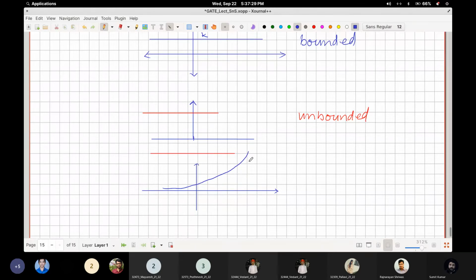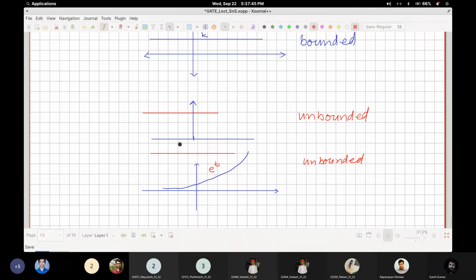So this is going to reach infinity, so this is again going to be unbounded. Is that clear? E to the power t is an unbounded signal. So बाउंडेड अनबाउंडेड का meaning समझ में आ गया?